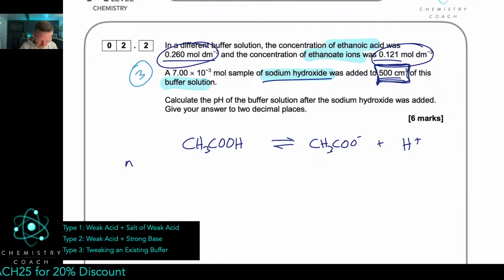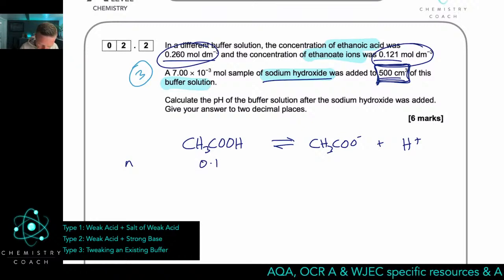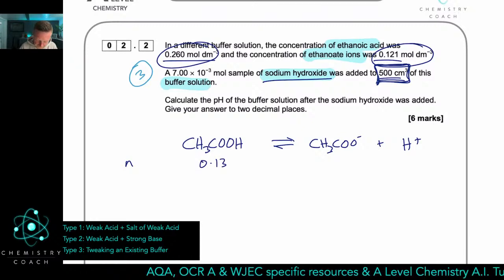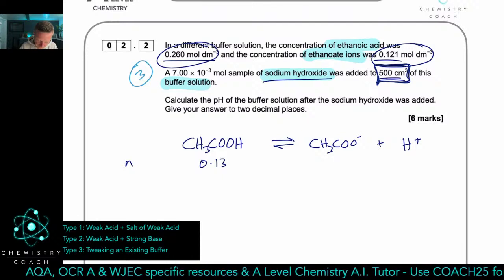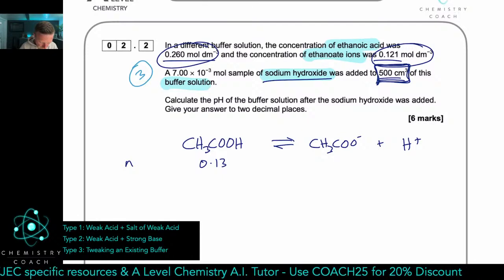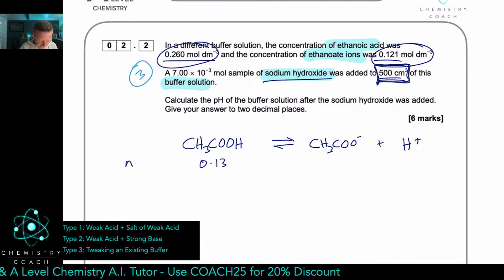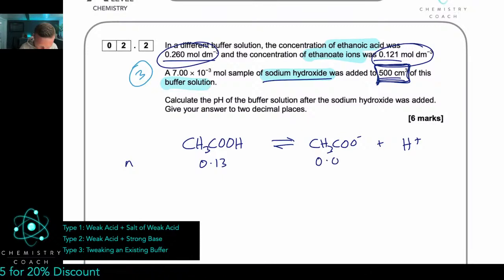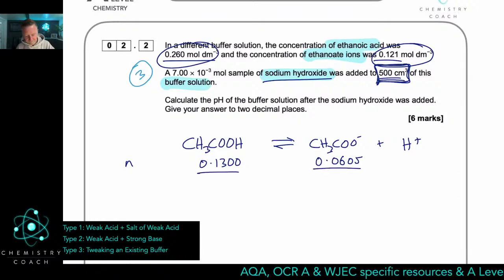So we're going 0.26 for our acid times 0.5 because it's 500 centimeters cubed. And that gives us 0.13 moles of our acid. And of course, we have got 0.121 times 0.5, and that gives us the starting numbers of moles of our salt, which is 0.0605. Okay, so those are our starting numbers of moles here.